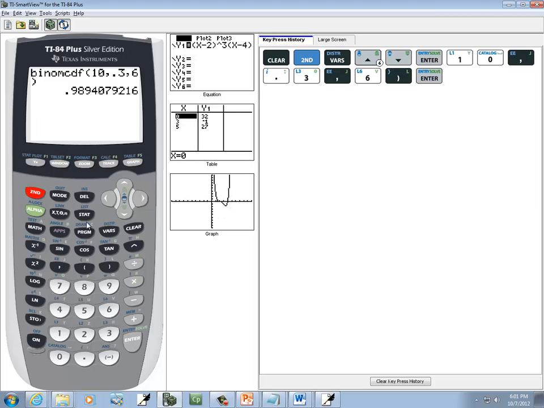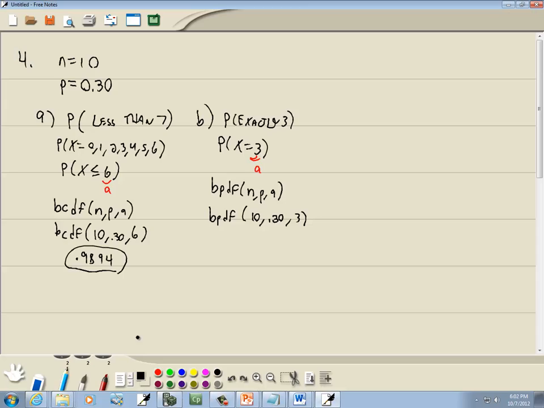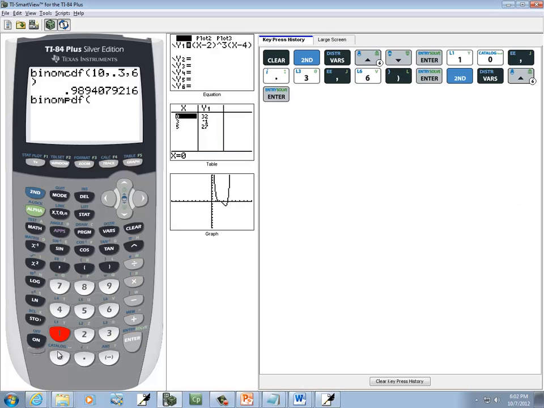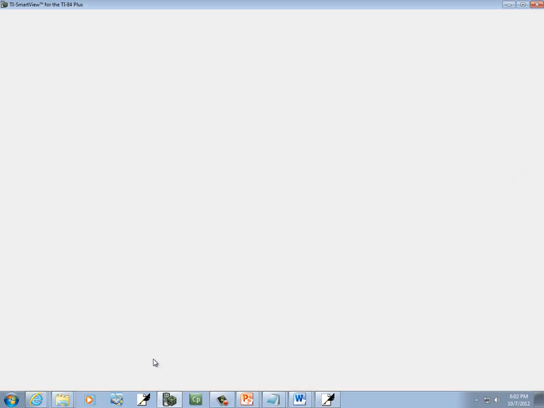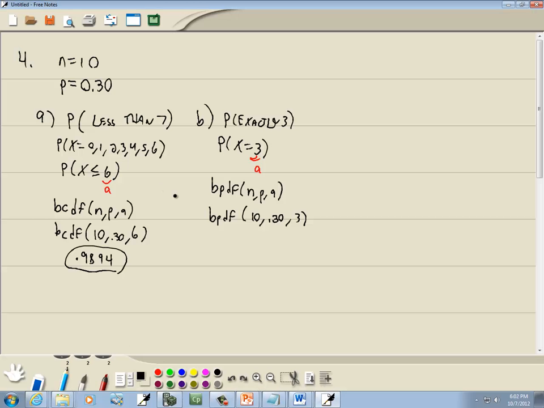So do second vars and up arrow, and I'm going to choose binom PDF, and 10, comma, 0.3, comma, 3, enter. 0.2668.